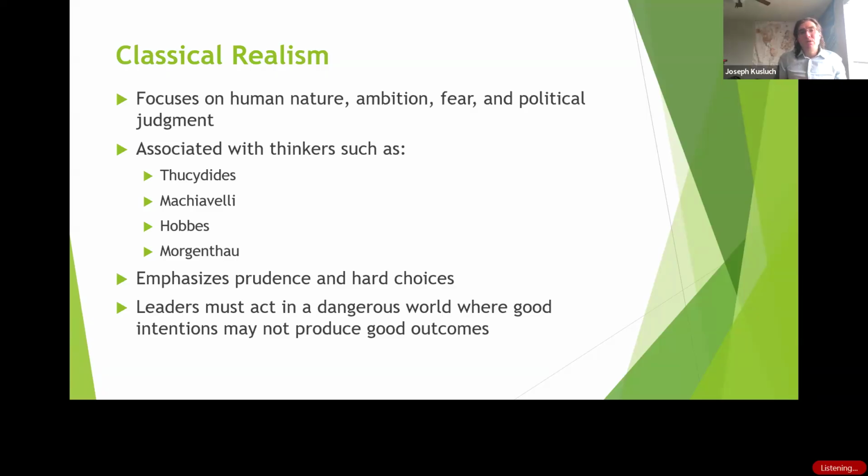Classical realists are often interested in history, statesmanship, and political judgment. They ask how leaders should act in a dangerous world where moral intentions do not always produce moral outcomes.